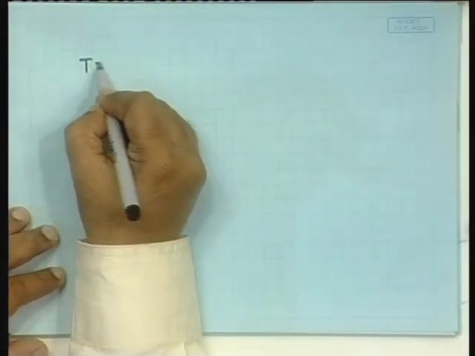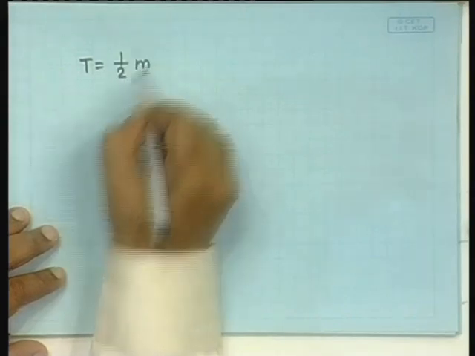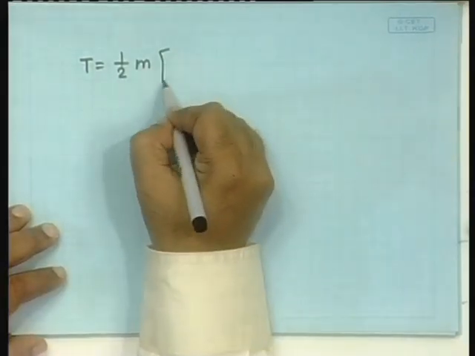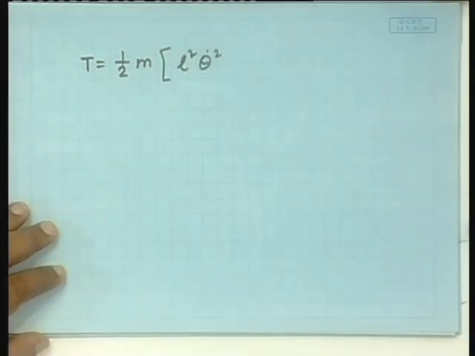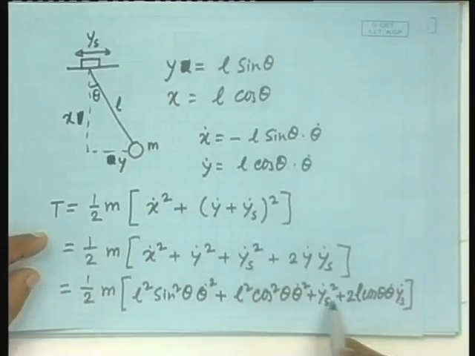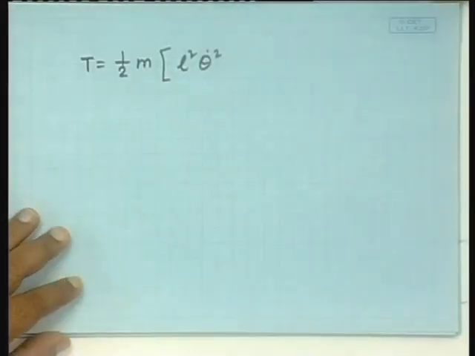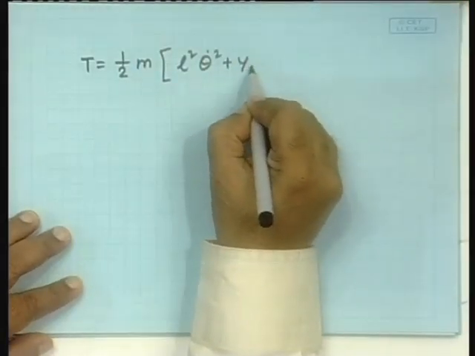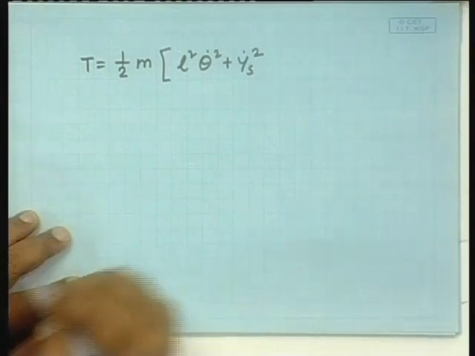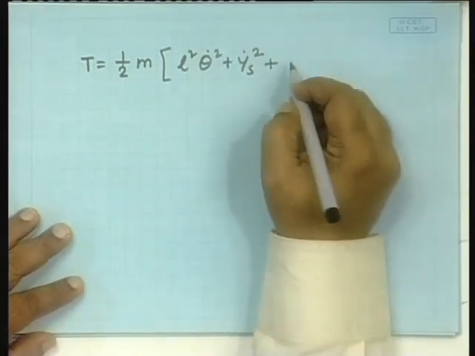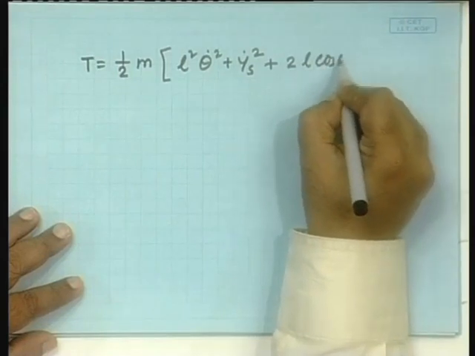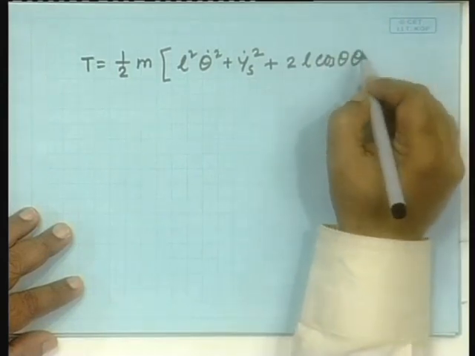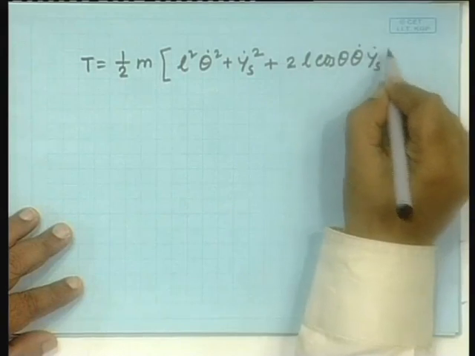So T is half m L squared theta dot squared, plus these two terms remain, plus y s dot squared, plus twice L cos theta, theta dot y s dot.